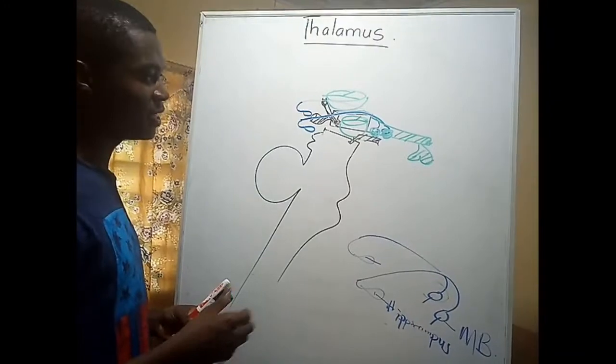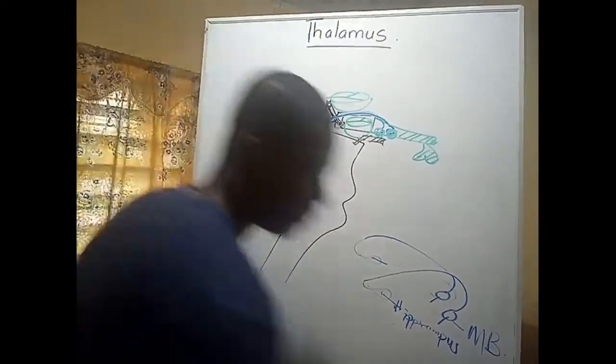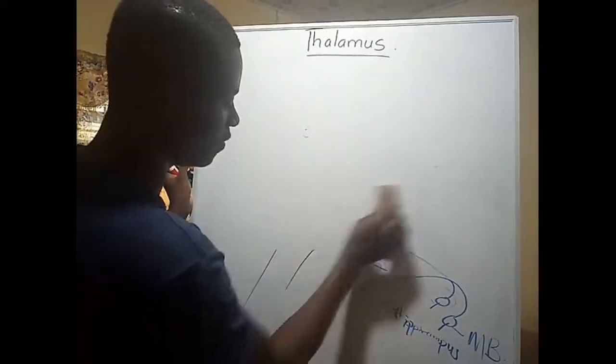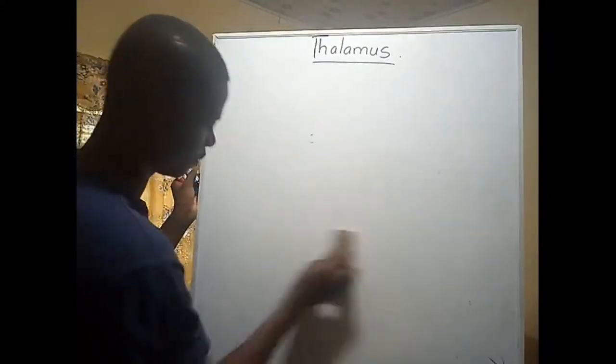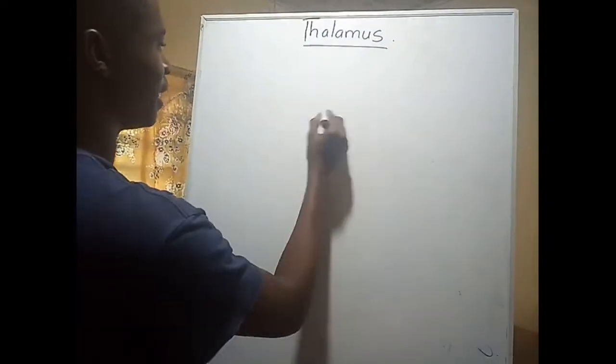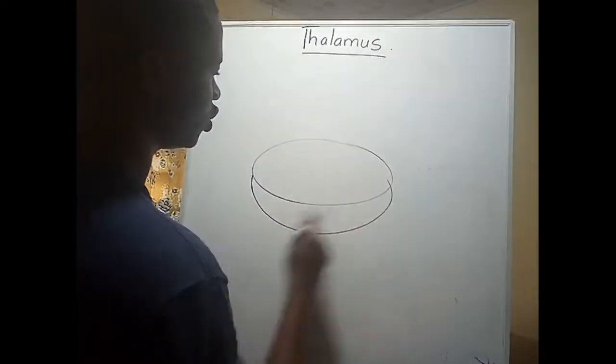Now that we know the relative positions, let's quickly look at the thalamus itself, and then we'll look at the various divisions of the thalamus. As we saw earlier, the thalamus is a very big structure, ovoid in shape.